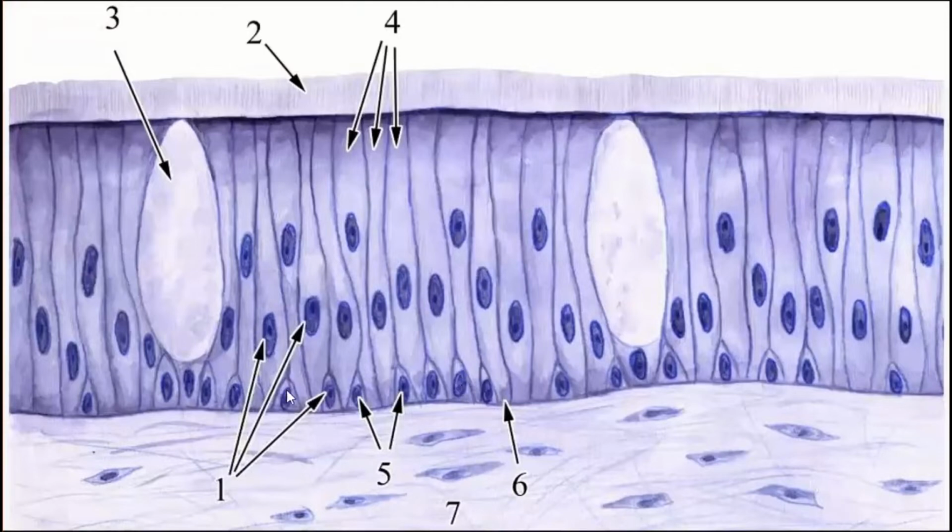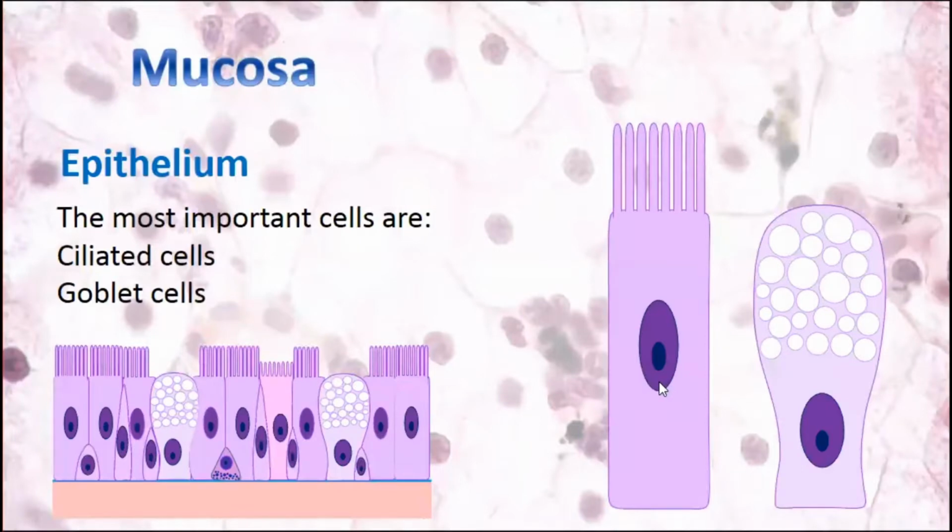They are located near the basement membrane, deeper. The most important cells among the many cells in the respiratory epithelium are two types: ciliated and goblet cells. They are the most numerous and the most important cells. So please remember those types of cells, ciliated and goblet cells.